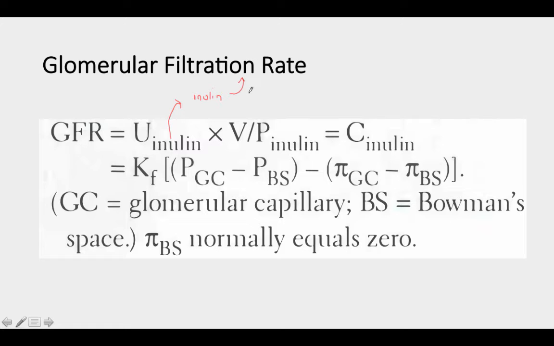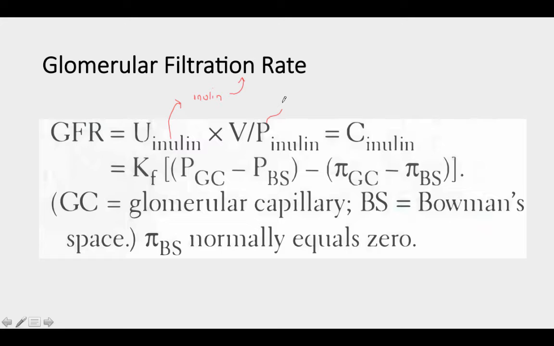And how this is typically done, it's actually rarely done in hospital, as I'll talk about in a second, is you don't actually have inulin in your body naturally. You infuse a known dose of inulin into the patient to establish a plasma concentration which you understand, right?